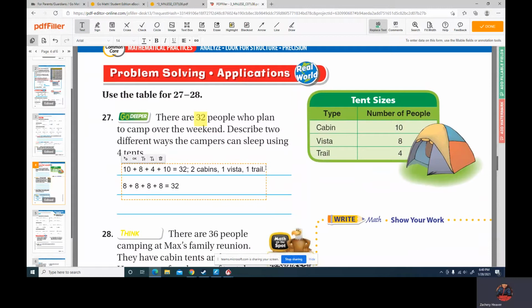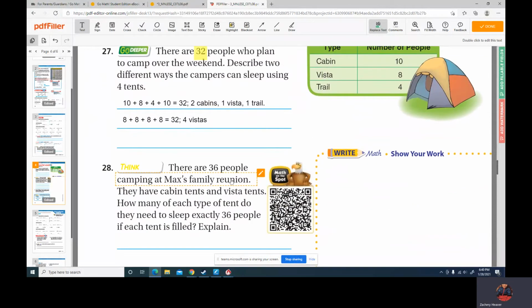So this is the other way we can do it. 4 8s, because 8 times 4 makes 32. And this is just going to be 4 vistas. Those are the 2 different ways that we can make 32 from those numbers. But that was a pretty tough question. But you could have 2 cabins, 1 vista, 1 trail, or just 4 vistas. Make sure you get this copied down. Pause it right here if you need to.